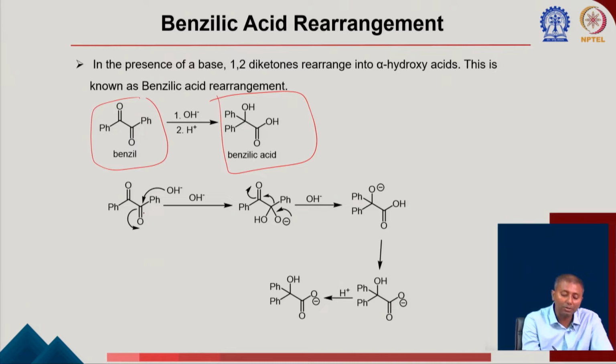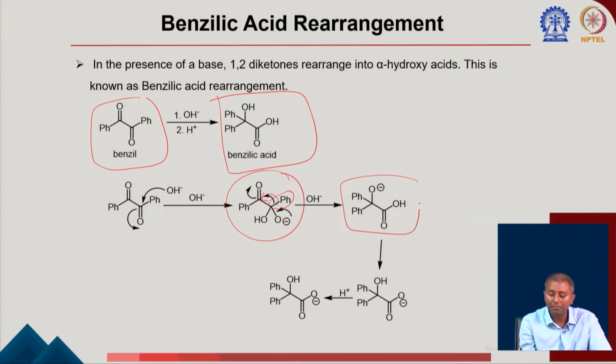That is why it attacks the carbonyl group, forming this corresponding intermediate, and now this O- is coming back, allowing this 1,2 migration of the phenyl group, and that is forming this compound, where this O- abstracts this hydrogen, which is an acidic hydrogen, to generate this type of anion species, which can finally take a proton to give the corresponding OH. Okay.